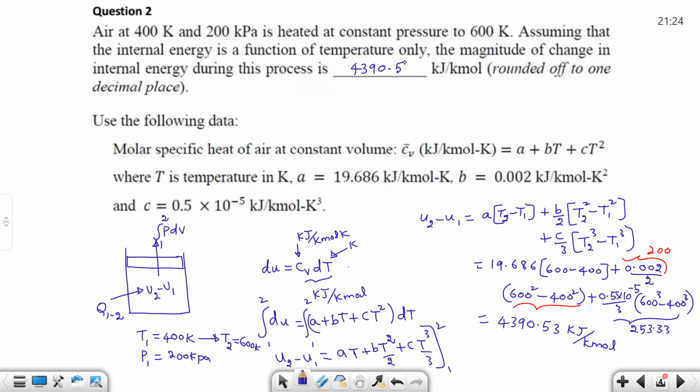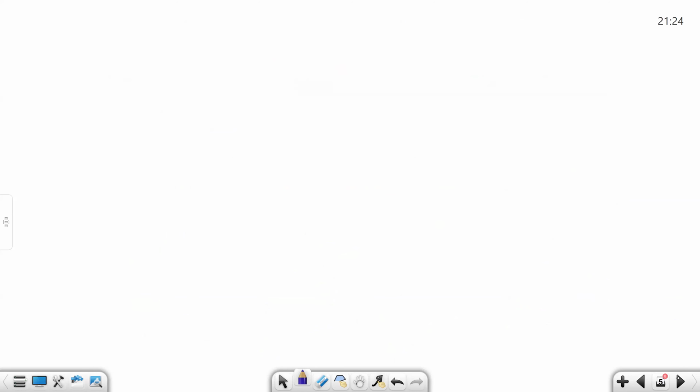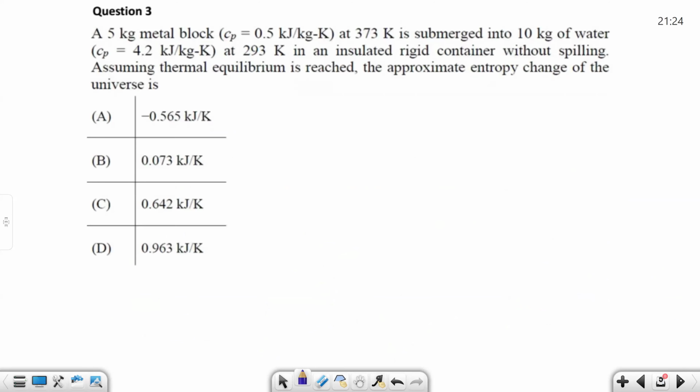Now we move to question number 3. A 5 kg metal block at 373 Kelvin is submerged into 10 kg of water. So you have water and a metal block.